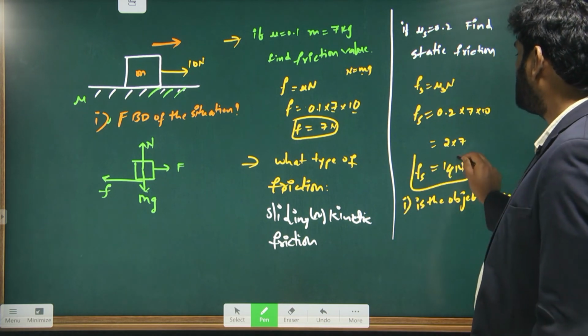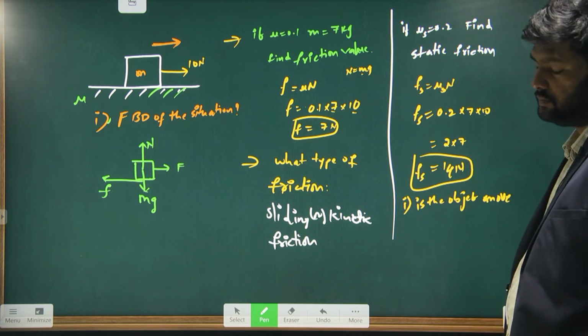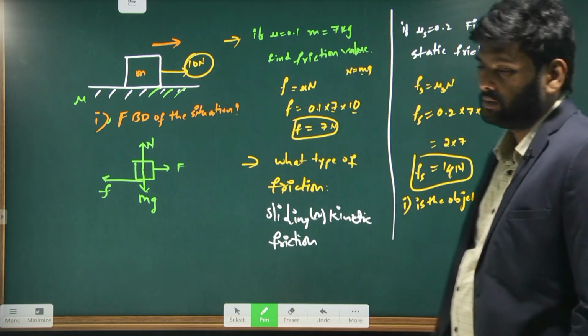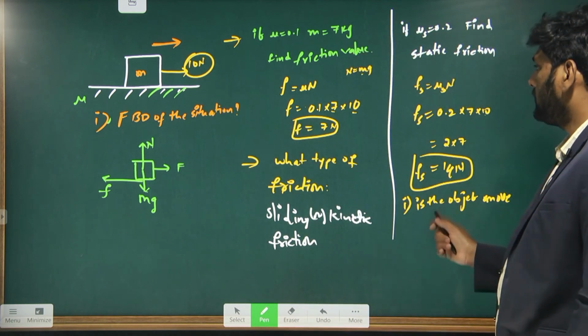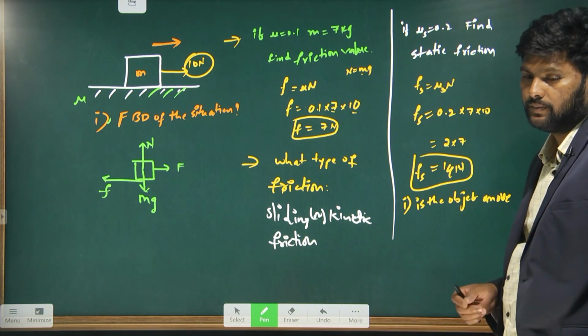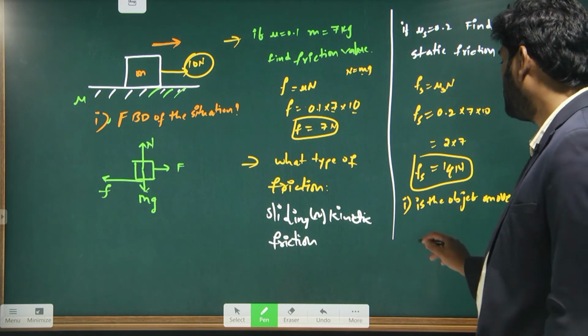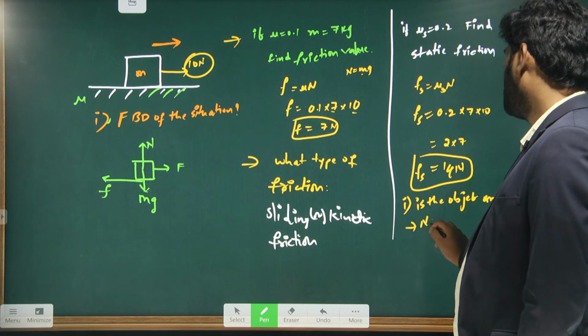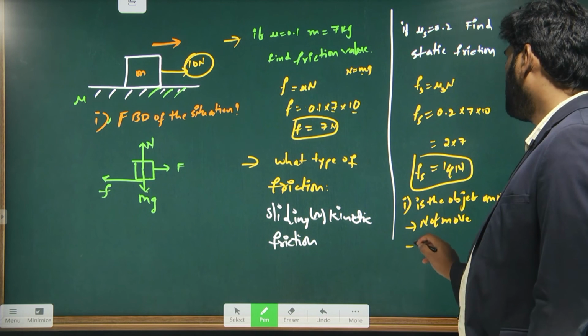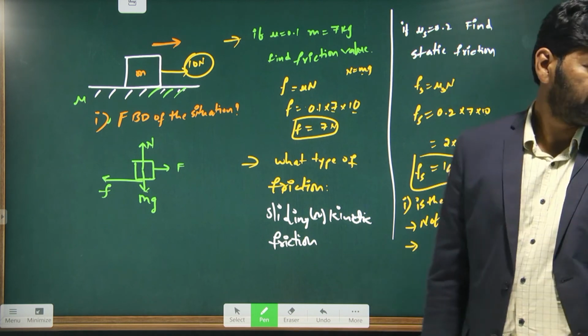Maximum static friction is how much? 14. But the applied force is what? 10 Newton. Will this 10 Newton overcome this 14 Newton friction? So the answer is: it will not move.